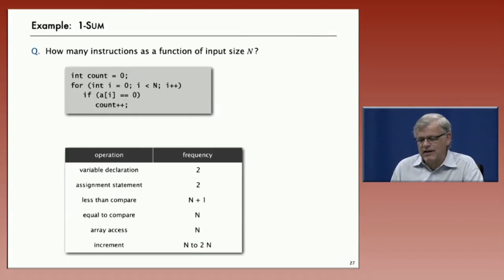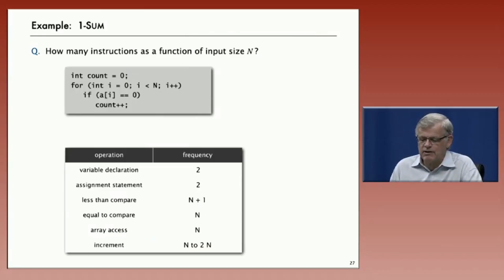And by analyzing that code, you can see that i and count have to be declared, and they have to be assigned to 0. There's compares of i against n, and there's n plus 1 of them. There's compares of a of i against 0. There's n of those, n array accesses.